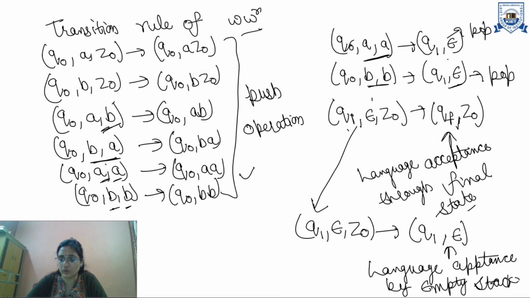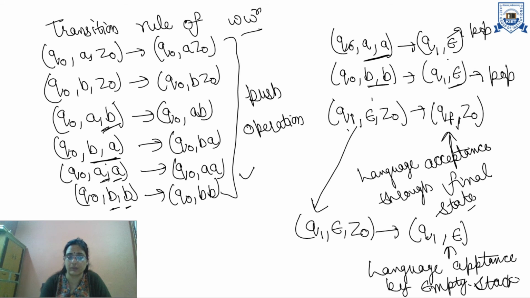If you want to accept the language through final state, QF is your final state and top of the stack contains Z0. If you want to accept the language by empty stack, be on that state and remove Z0 from the stack. If we are removing Z0 from the stack, that means now our stack is empty, and if our stack is empty, it will be shown by epsilon.